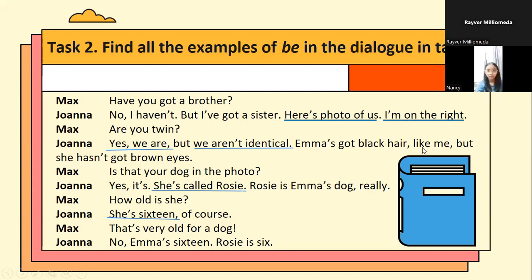So here, I'm on the right. This is also an example of be in the dialogue. Also, are you twins? So because of this, I'm, are you? Okay, next one. Yes, we are identical, so that is correct. Is that your dog in the photo? Yes, it is.